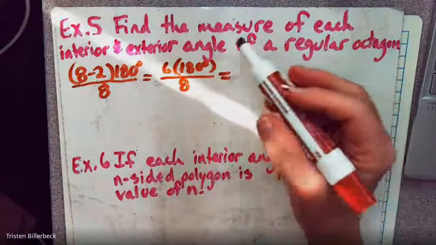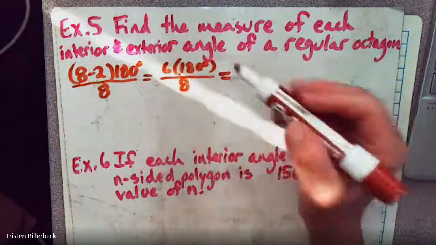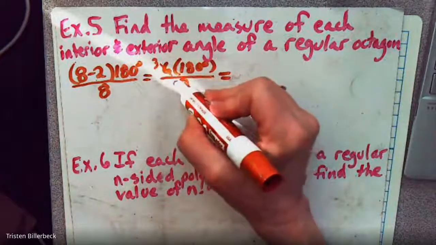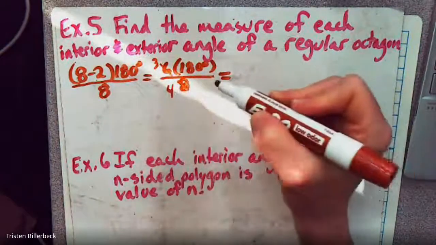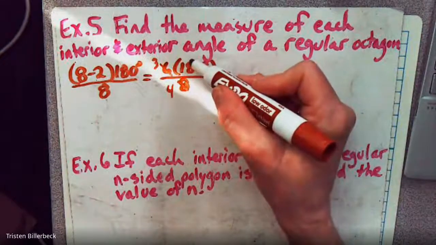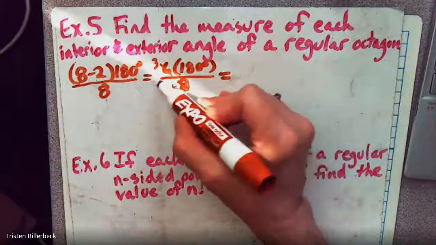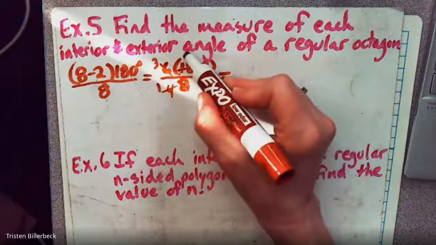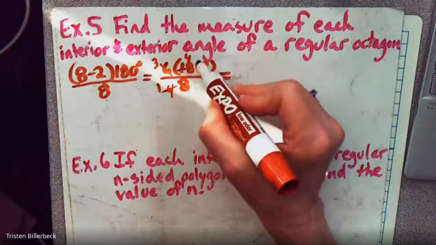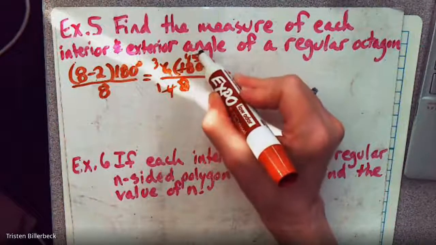Okay, we could do some reducing here. We could take a 2 out of this, that's 3, and a 2 out of that, that's 4. And can we get some out of this? Yes, we can. We can take the 4 out of here, and that's a 45.